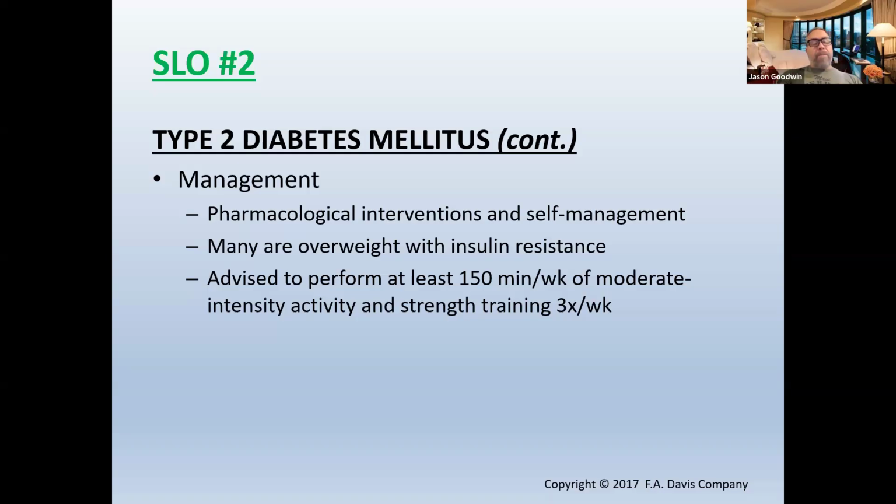One of the things that, and people may not believe this, but just walking 150 minutes per week of moderate intensity or strength training, that kind of stuff can be very helpful. Now, obviously, if you're working out vigorously, like strength training or something like that, that's even better. But even just slow walks, 20 minutes a day can be very helpful for helping people with diabetes.